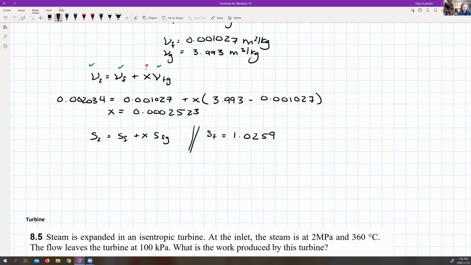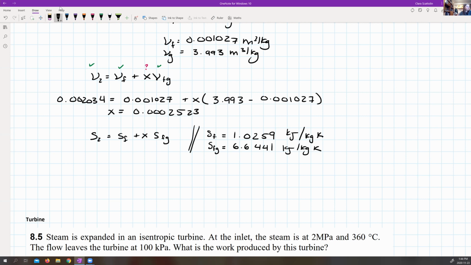It is kilojoules per kilogram Kelvin. And my SFG is equal to 6.6441 kilojoules per kilogram Kelvin.